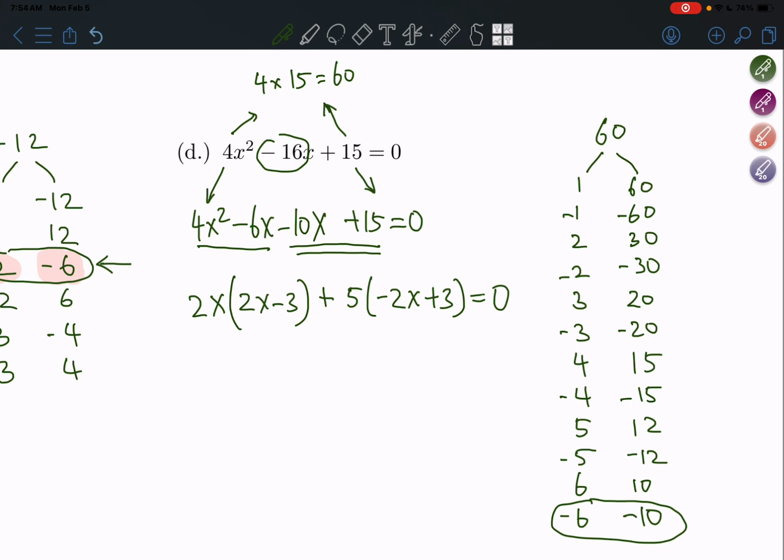So the only thing different is their sign, for both the 2x and the 3. So what I'm going to do here is keep the first one the same, 2x minus 3. But then the second one, I'm going to factor out another negative 1.